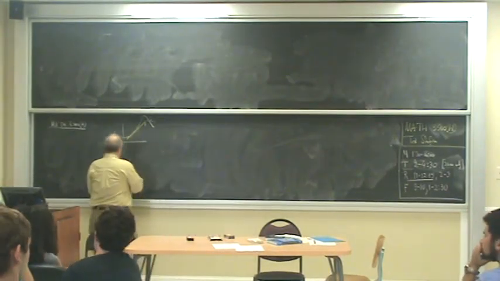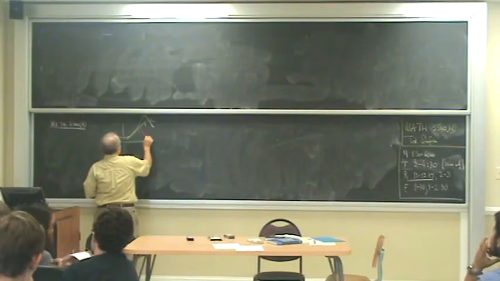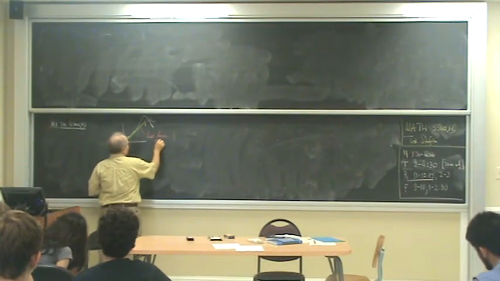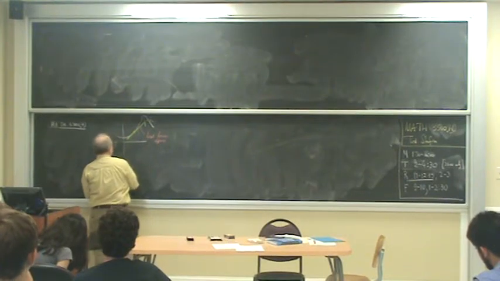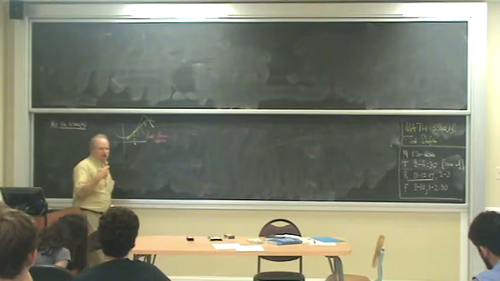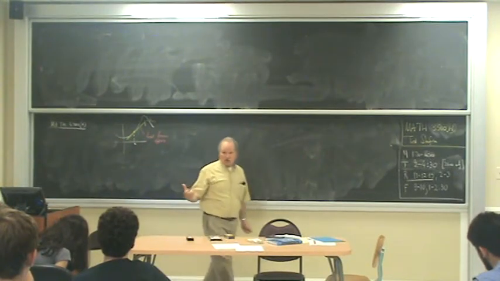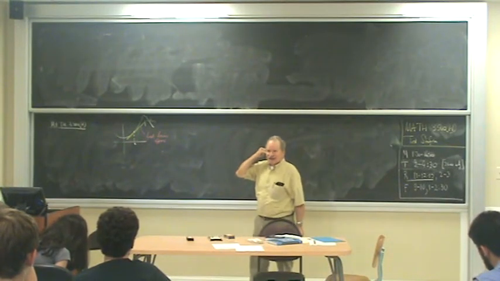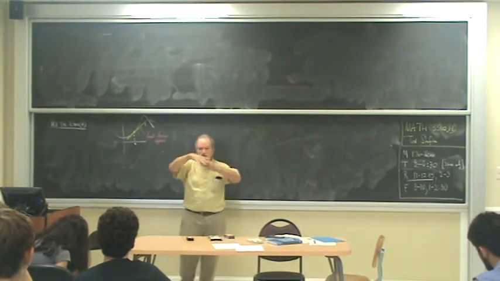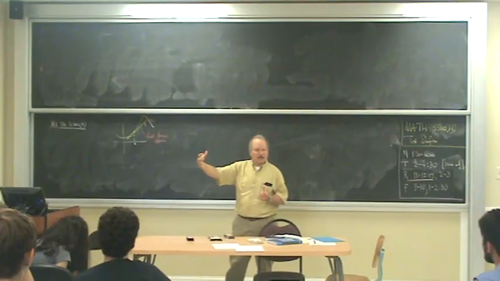So the tangent line is the best linear approximation to the function at the point x equals a. If we want to talk about calculus with more variables, which is what this course is about, we want to say what's the best linear approximation to a surface or a higher dimensional analog of that.